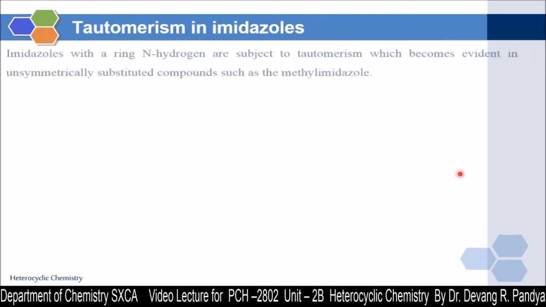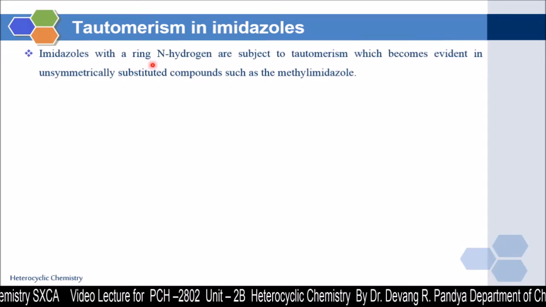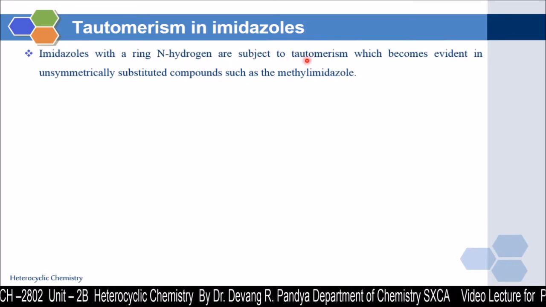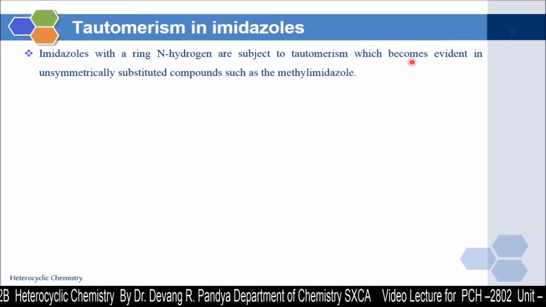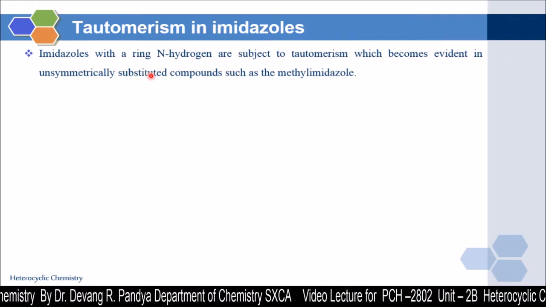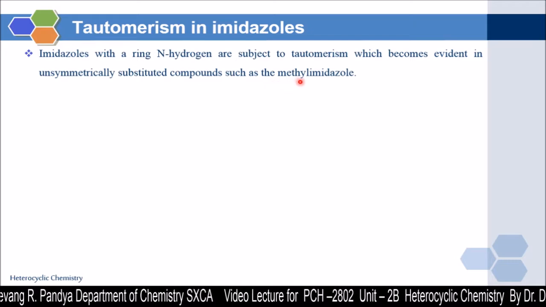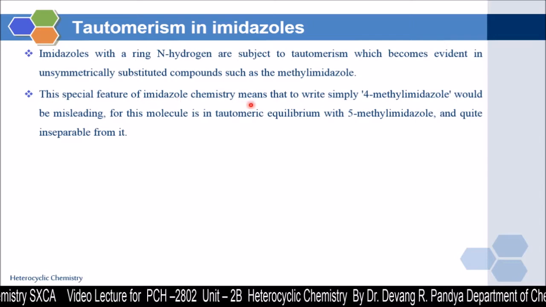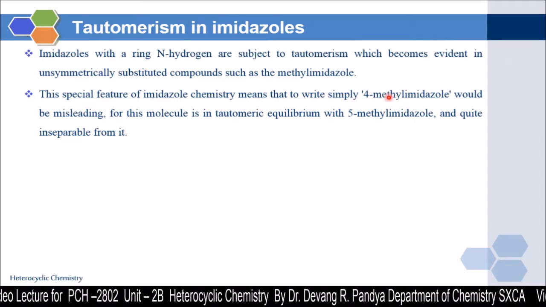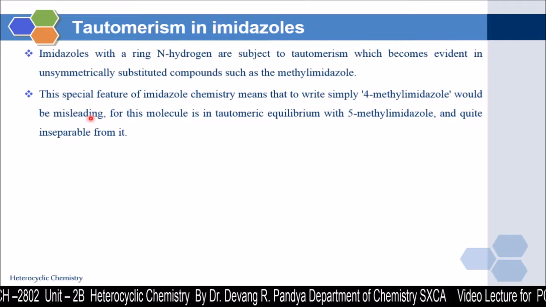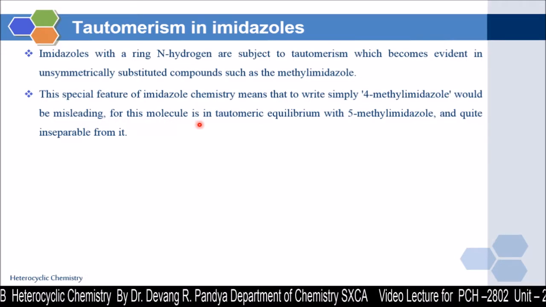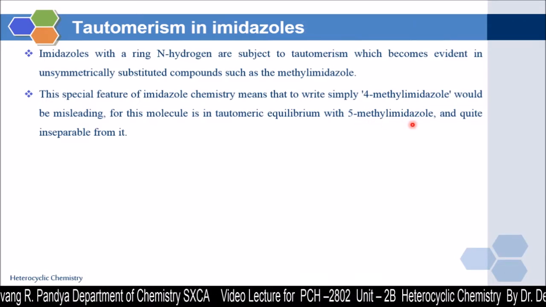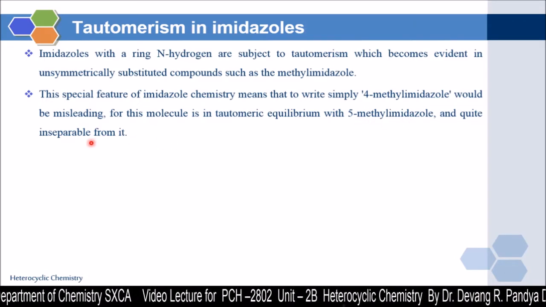Now, tautomerism in imidazole. Imidazole with a ring hydrogen, a hydrogen attached to the nitrogen, is subject to tautomerism, which becomes evident in unsymmetrically substituted compounds such as methyl imidazole. The specific feature of imidazole chemistry means that to write simply 4-methyl imidazole would be misleading, for this molecule is in tautomeric equilibrium with 5-methyl imidazole as well, and they are inseparable from each other.